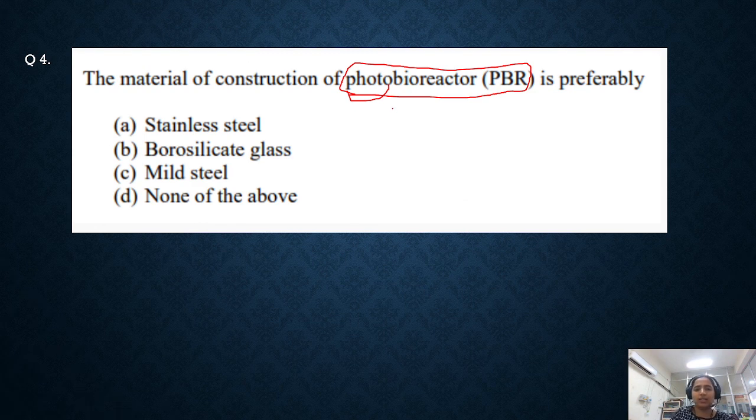Okay, let's discuss. As the name suggests, photo means light, we are using light. So here the light source can be anything.